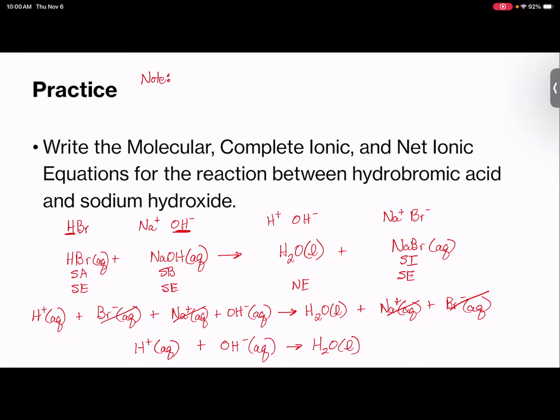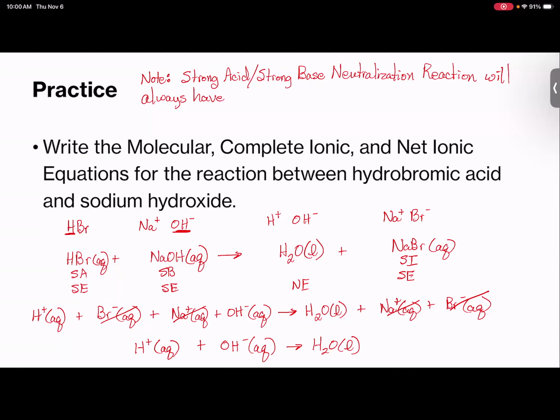If I ask for the net ionic equation of a strong acid, strong base reaction, it will always have H plus and OH minus going to form water as the net ionic equation.